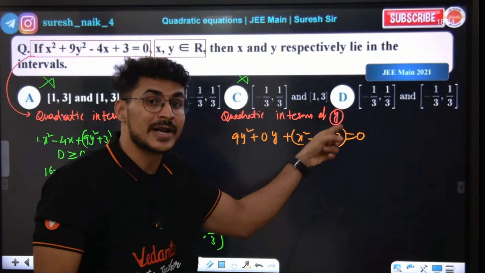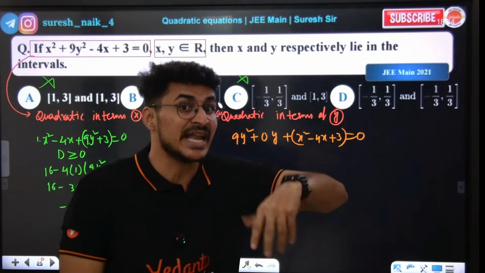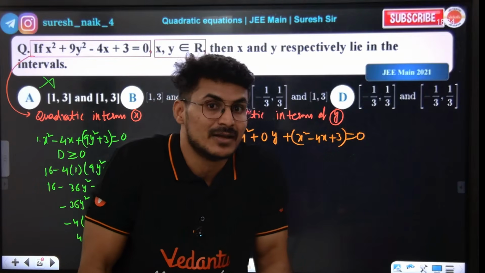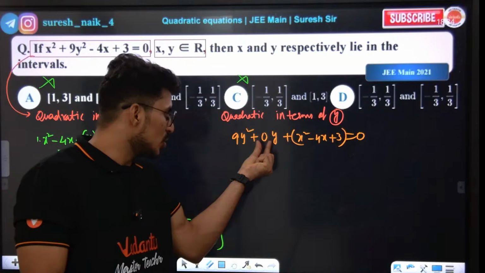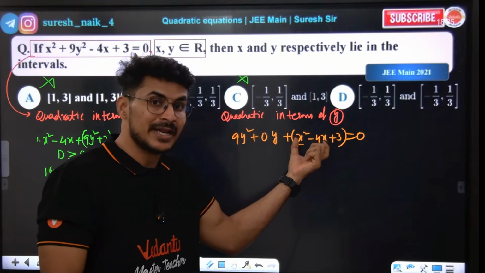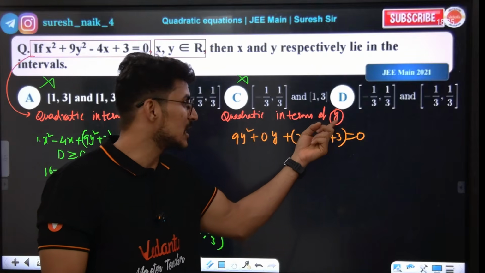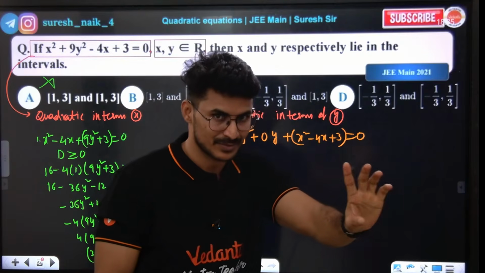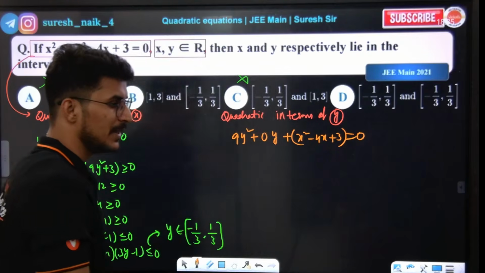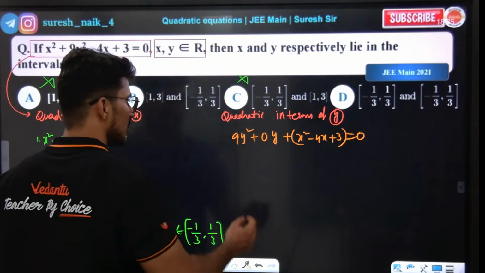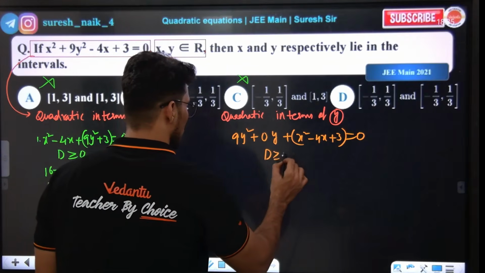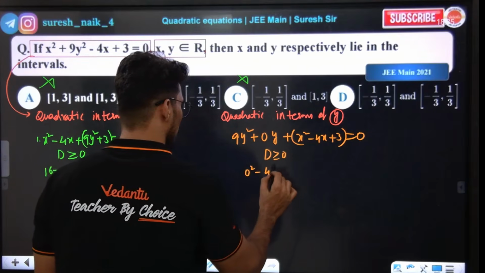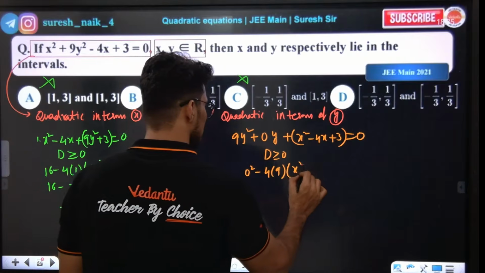Whenever I'm forming the quadratic in terms of y, the terms which are in x will be treated as a constant. So 9y square, 0y and a constant. Treat this as a constant because you are writing quadratic in terms of y. Yes or no? B may have a chance. Very good. So take the discriminant greater than or equal to 0. 0 square minus 4ac.